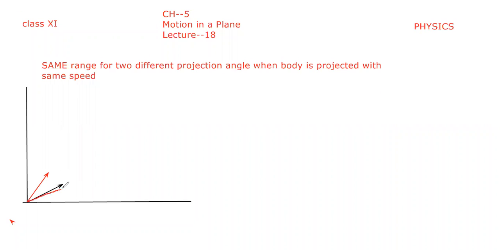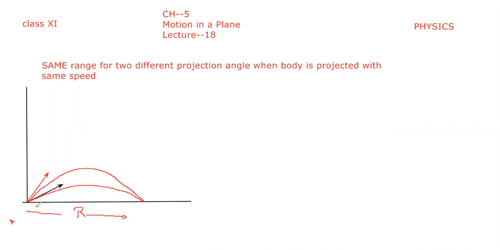So one path is like this and the other path is like this. For the same range, the final point will be the same.